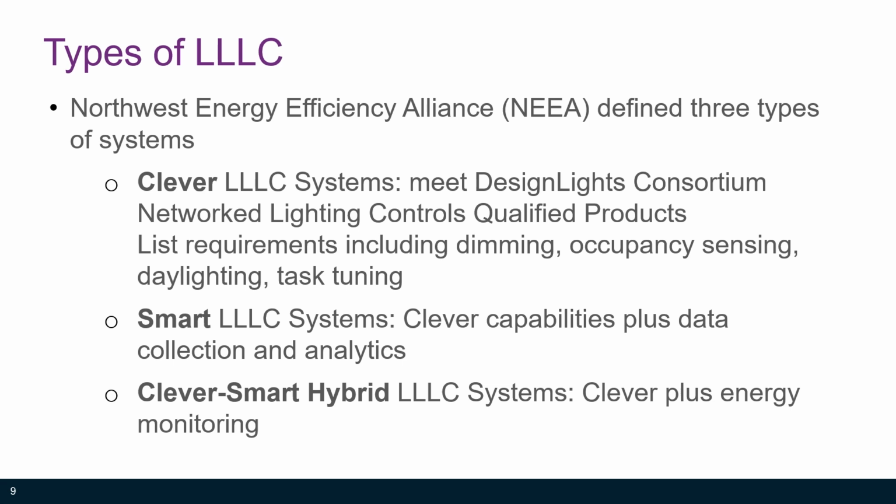DLC vets and reviews lighting to make sure it meets rigorous energy and quality requirements, and lists results on its qualified products list. These systems are capable of, at minimum, dimming, occupancy sensing, daylight sensing, and task tuning.